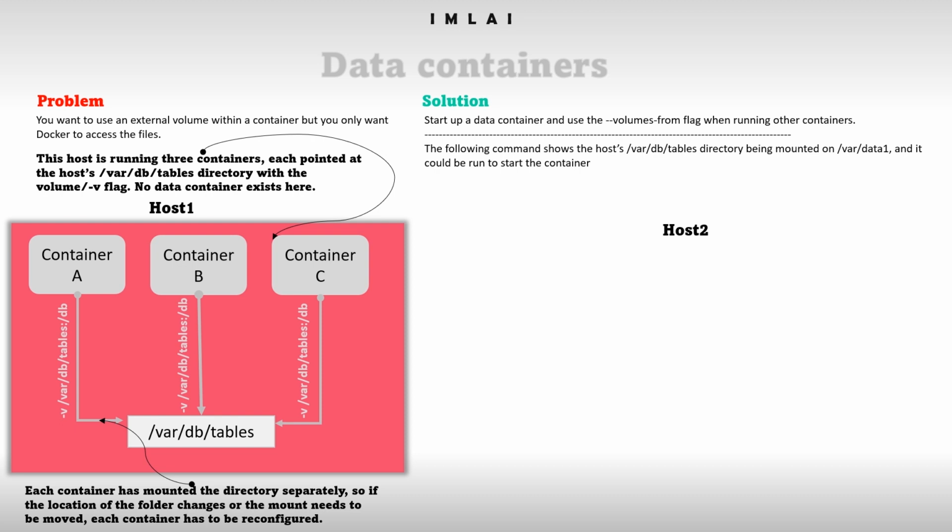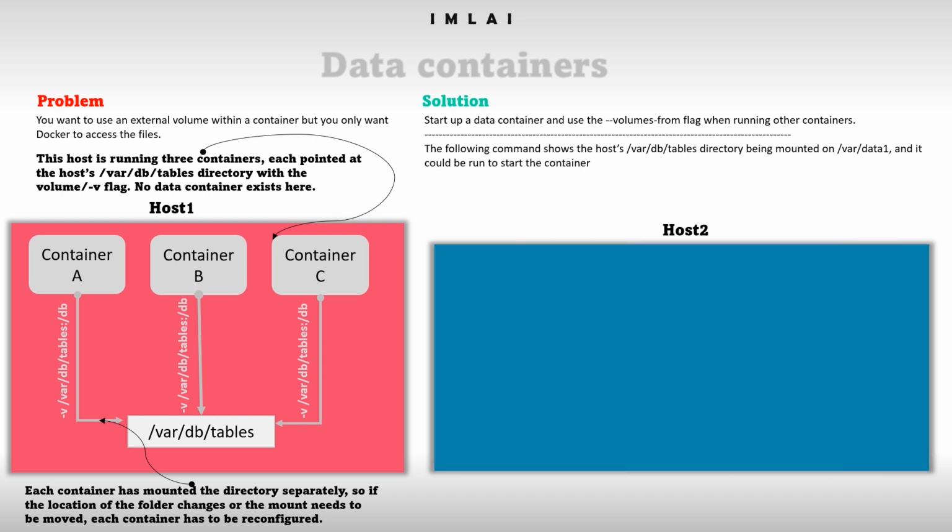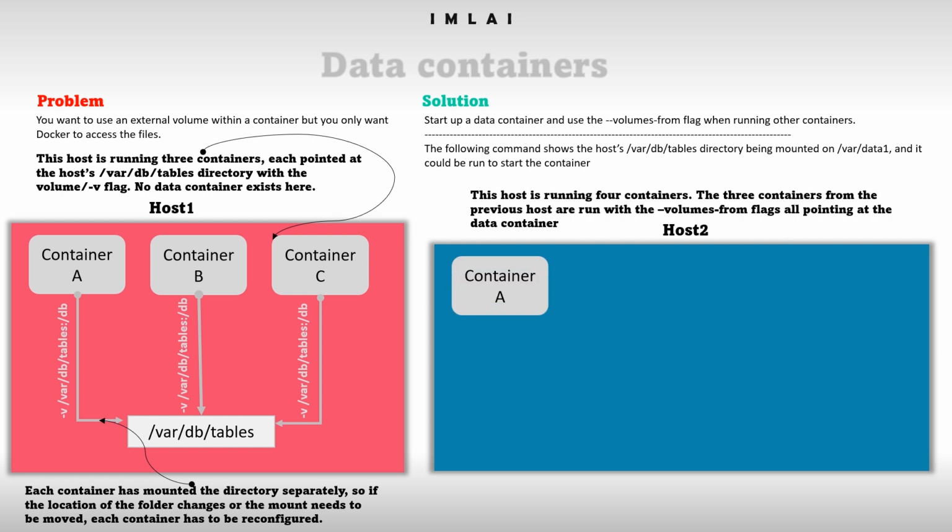Host 2, so we have taken host 2. This is a blue machine. Host 1 is a pink machine. Now we will enter into host 2, the blue machine. The host 2 is running 4 containers. In this we will take 3 containers only.